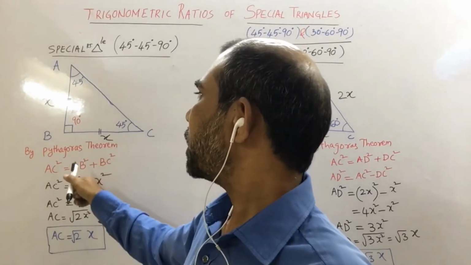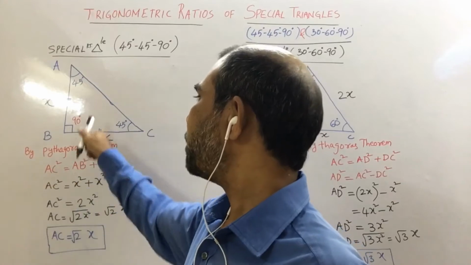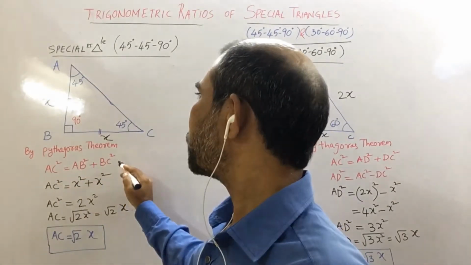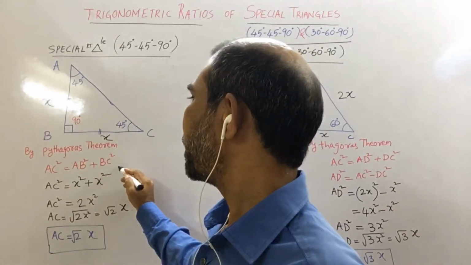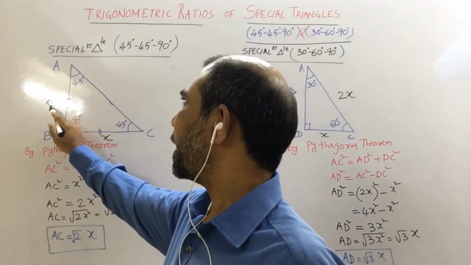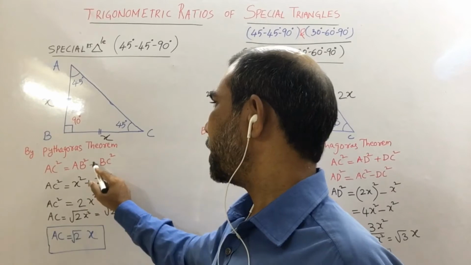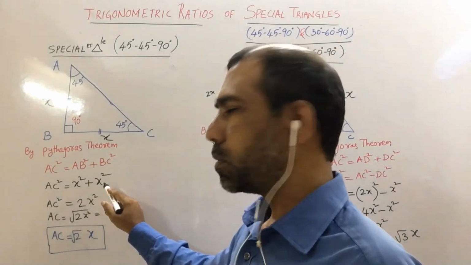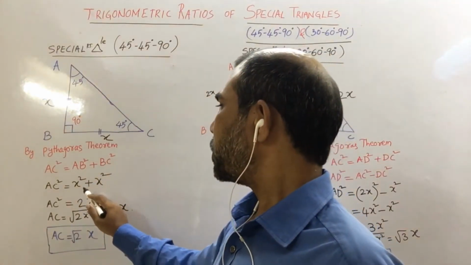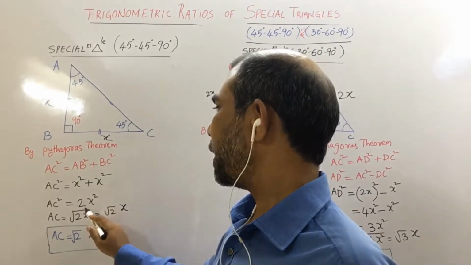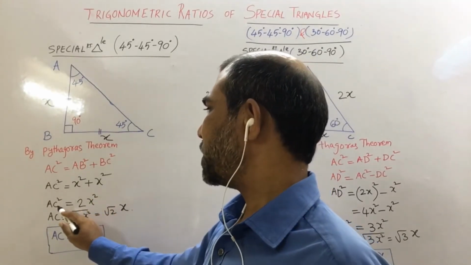Here, using the Pythagoras theorem, we have AC square is equal to AB square plus BC square. AB is x and BC is also x, so we put these values in this rule. When you simplify, you get 2x square is AC square.